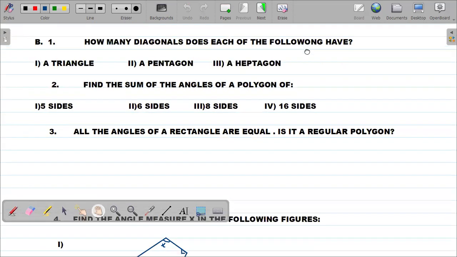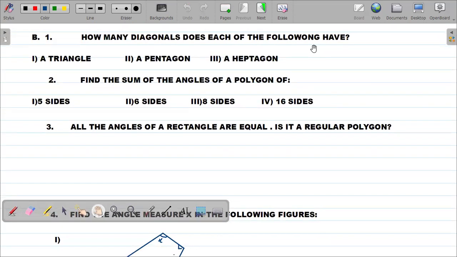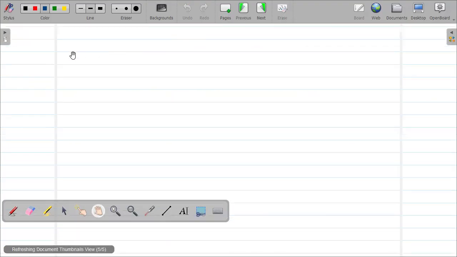Find the sum of the angles of a polygon of 5 sides. We have to tell the sum of the angles if a polygon has 5 sides.